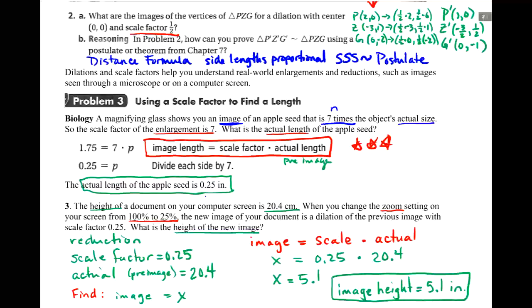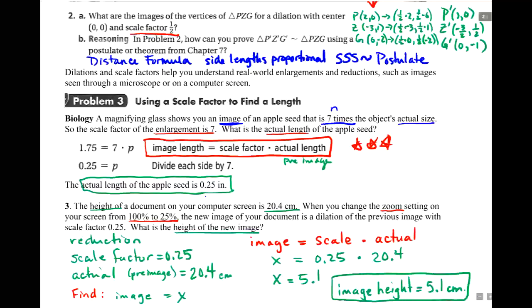Okay, this one tried to be a little tricky with its wording. We're told the height of the document on our computer screen is 20.4 centimeters. Better fix my answer. There we go. It's 20.4 centimeters.